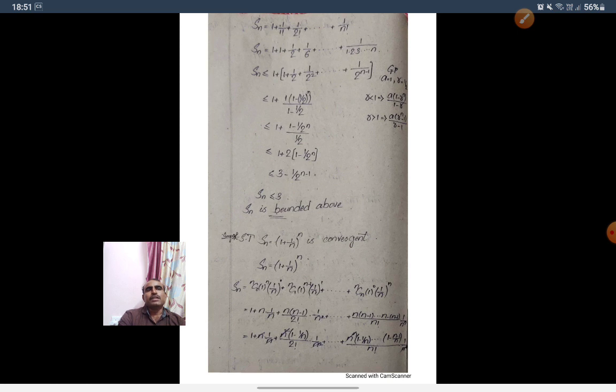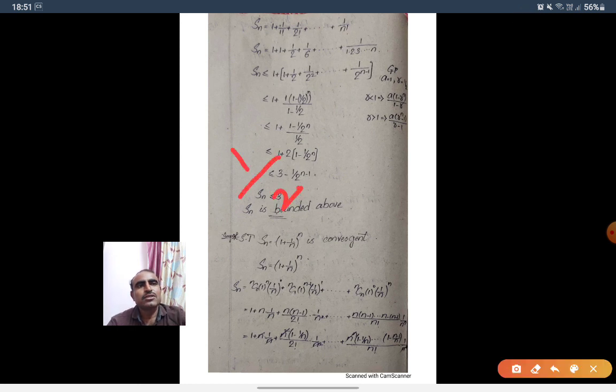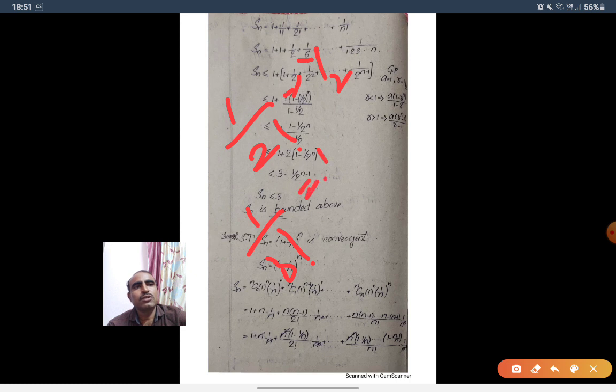Observe here, 1 by 1 factorial is 1, 1 by 2 factorial is 1 by 2, 1 by 3 factorial is 1 by 6, and 1 by n factorial is 1 by 1 into 2 into 3 and so on. 1 by 2 factorial is equal to 1 by 2, keep it. 1 by 3 factorial is equal to 1 by 6, which is less than 1 by 4, that is equal to 1 by 2 square.